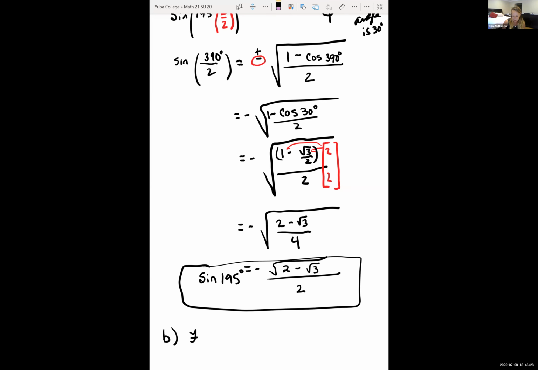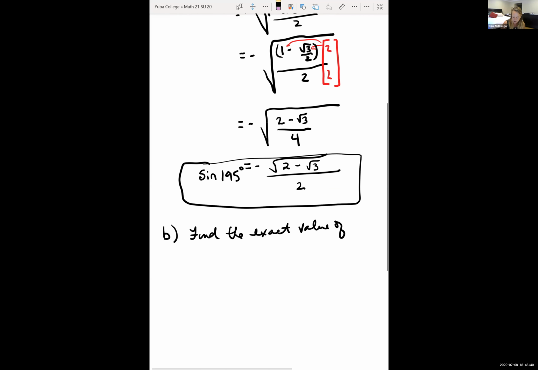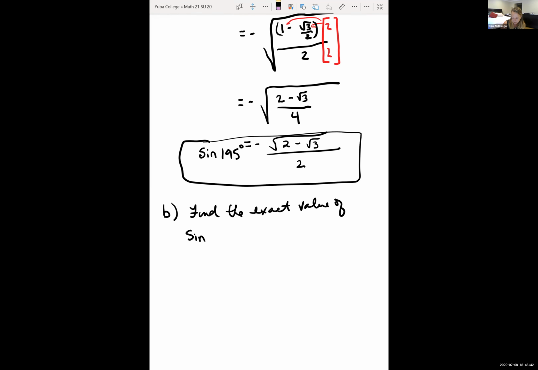Okay, so I want you to do the same thing, find the exact value of sine of 195 using either the sum or difference of angles.